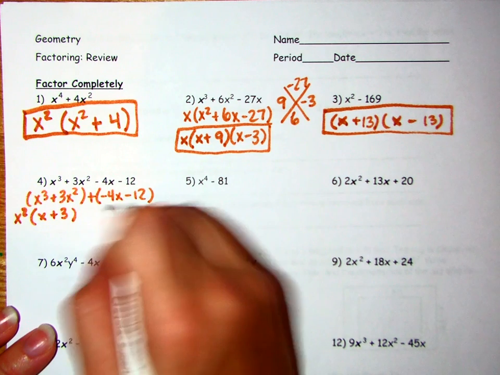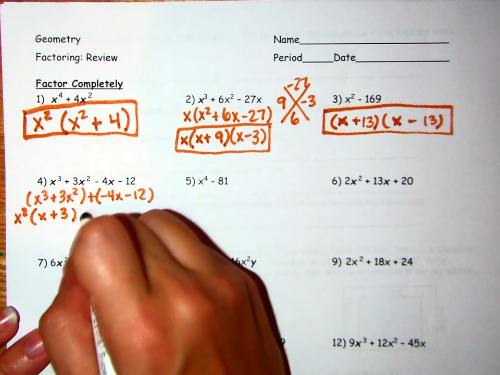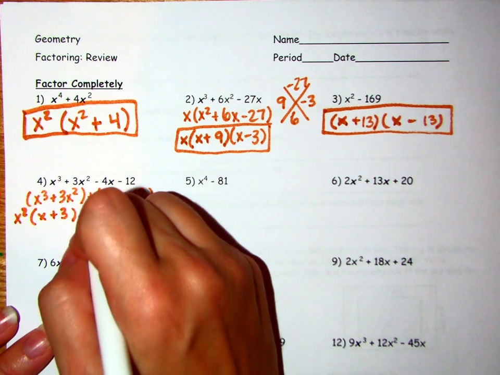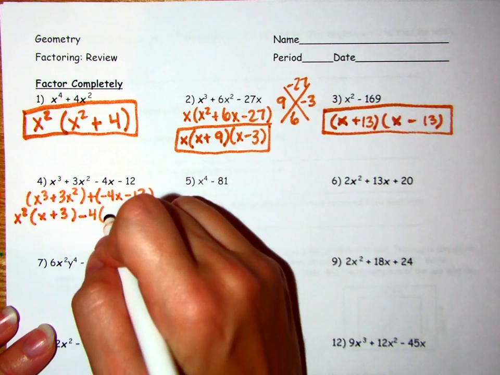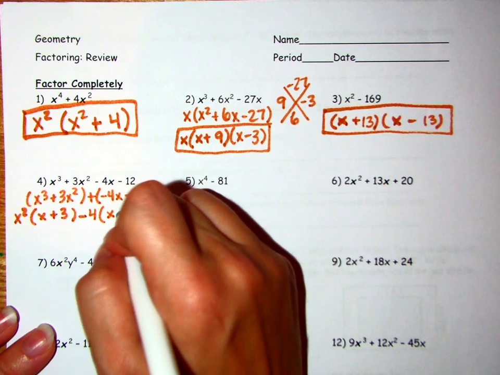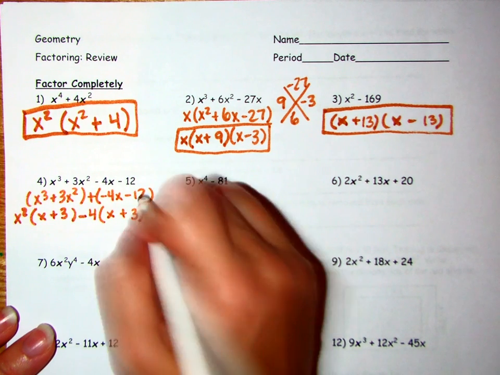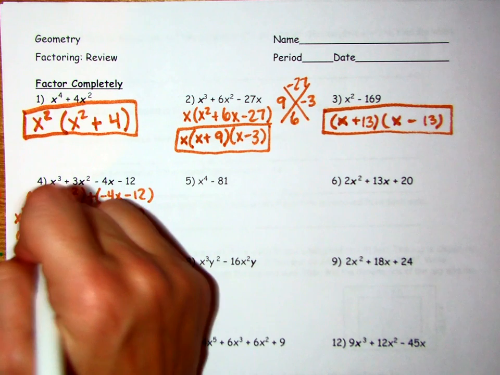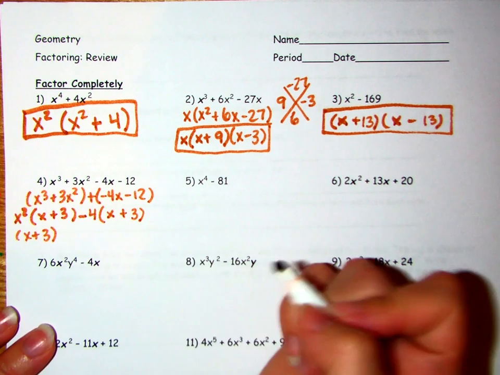The GCF here, notice there's a negative in this front term, which means we need to pull it out. And so the GCF for both of these would be 4. So negative 4 times x gives me negative 4x. And negative 4 times positive 3 gives me negative 12. So now here I've got the x plus 3 is something that they both have, so I know this is factorable.